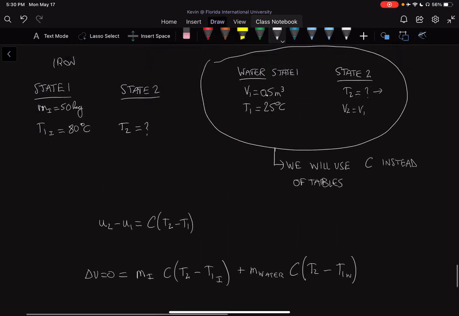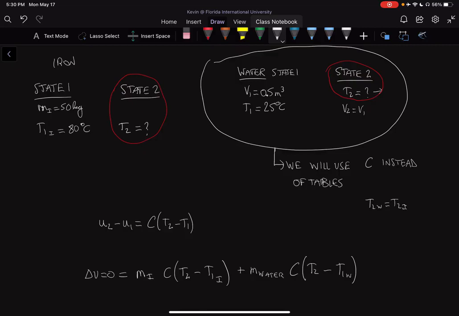And if you look carefully, the temperature 2 of iron and the temperature 2 of water are equal. So we can make them equal to each other, since they're both the same temperature. So we can say that T2 water is equal to T2 iron. It's the final equilibrium temperature. We know that that's the final temperature.